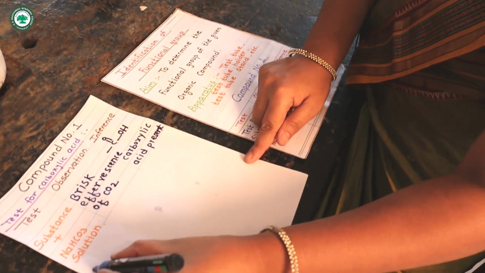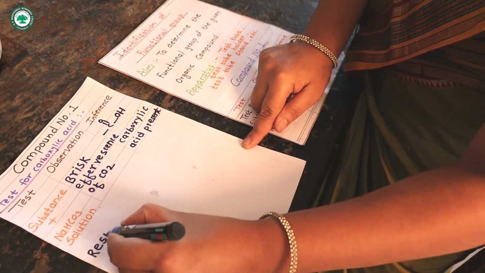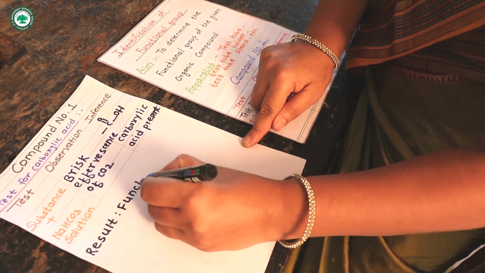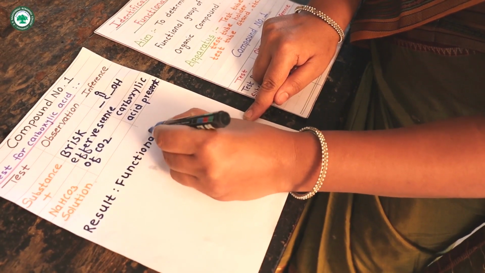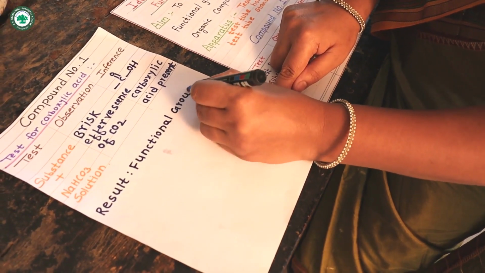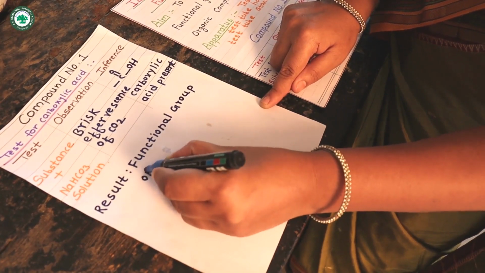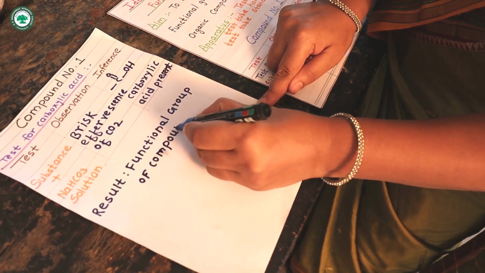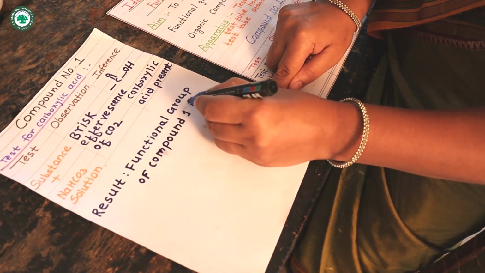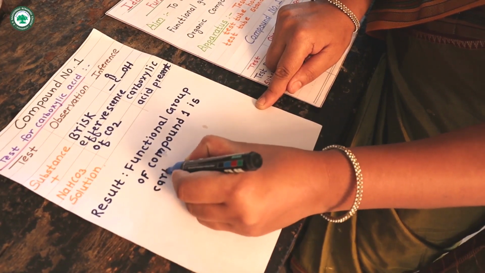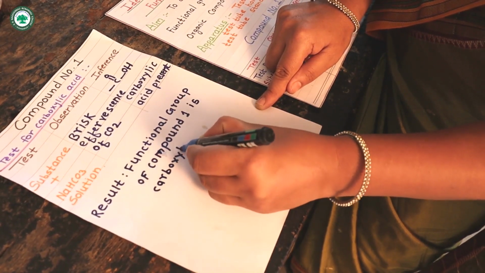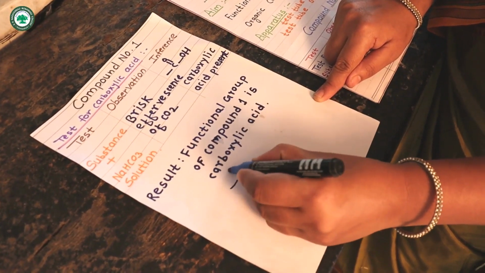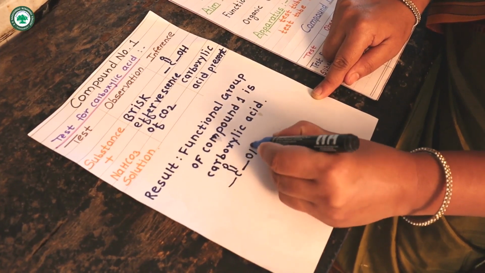Then the result: functional group of compound first is carboxylic acid. What is the structure? C double bond O, OH.